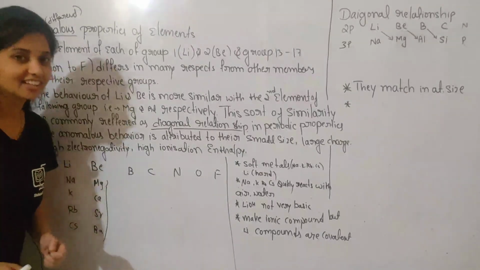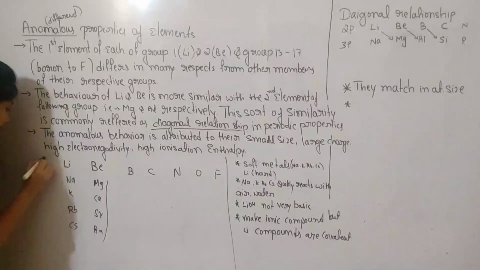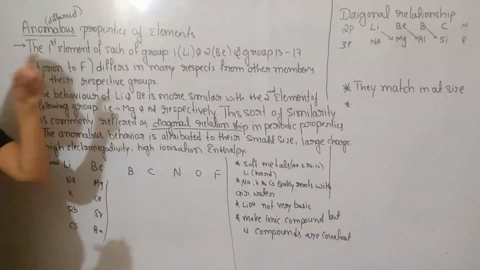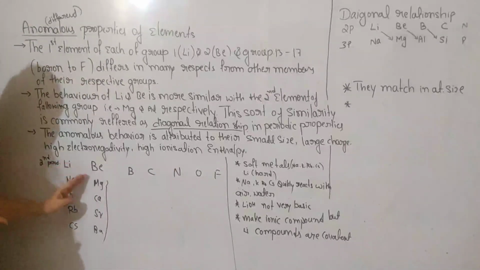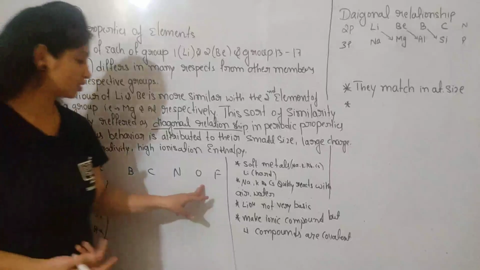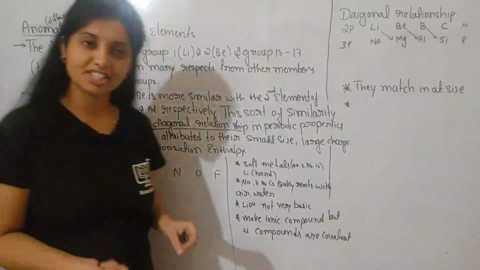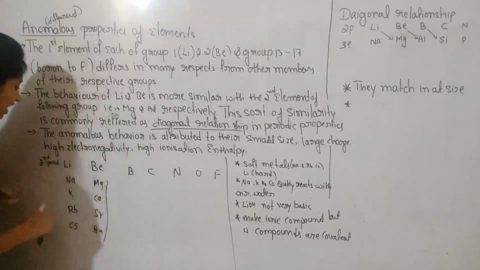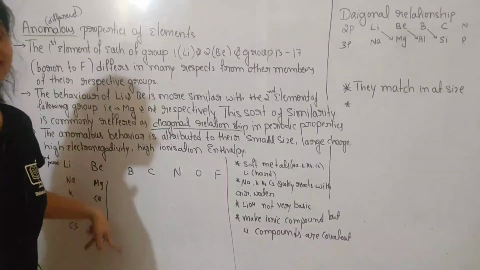But here what I am going to tell you, just observe, our second period elements show anomalous properties. The second period elements, like lithium, beryllium and boron, carbon, nitrogen, oxygen and fluorine, show something different, or anomalous, properties than the rest of the elements present in their particular groups.